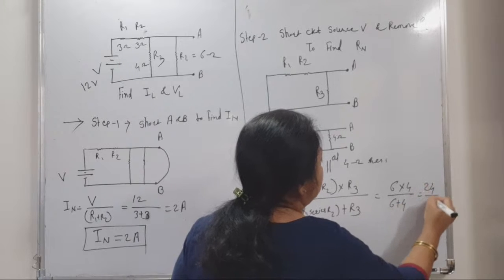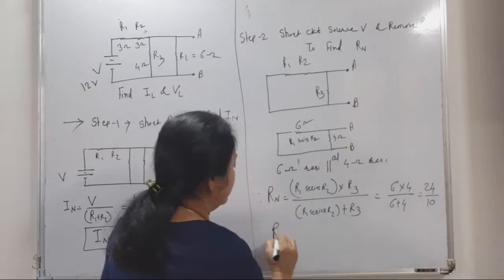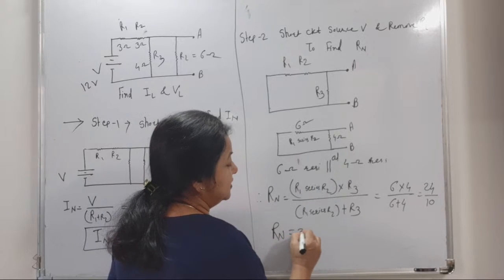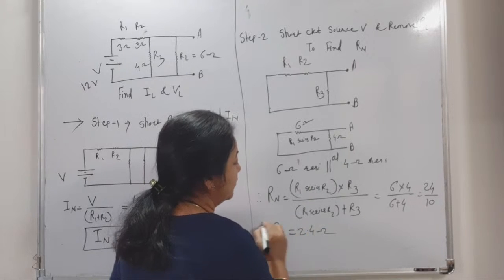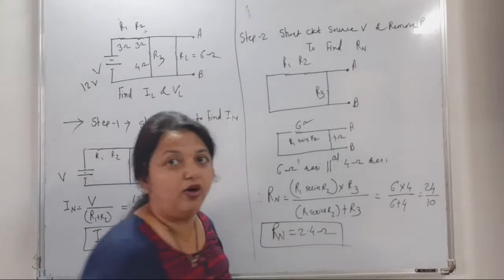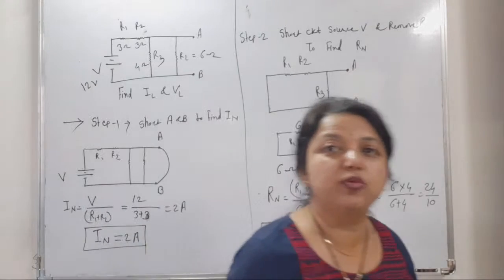Therefore, 24 upon 10. Norton's equivalent resistance is 2.4 ohm.